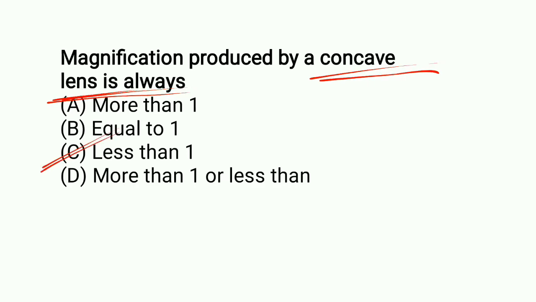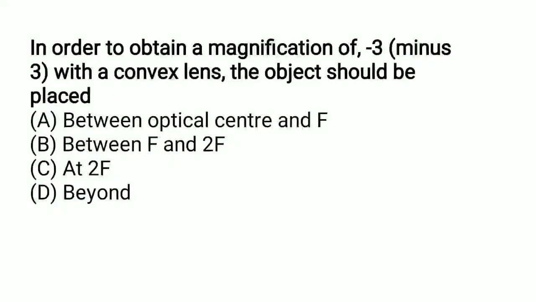Why? Because it produces a diminished image. Diminished means less than 1, same size means equal to 1, enlarged means more than 1. So a concave lens produces a diminished image, which means magnification is less than 1. So option C is the correct answer.